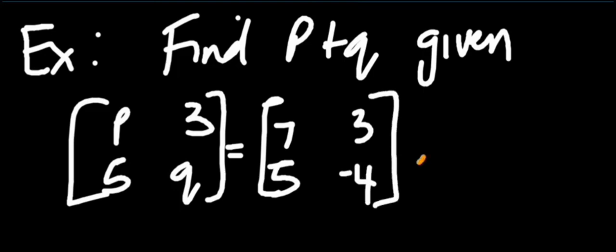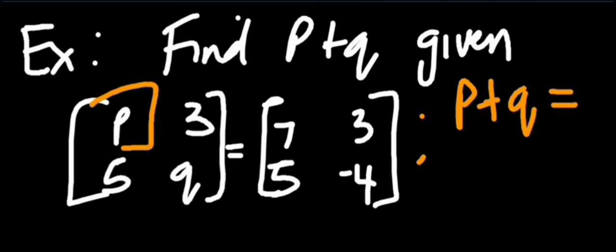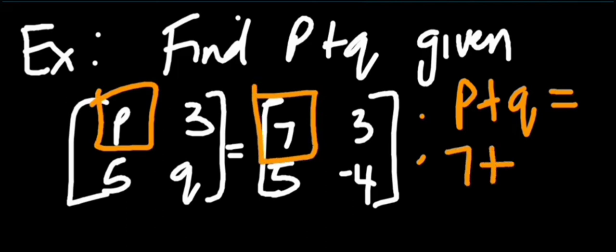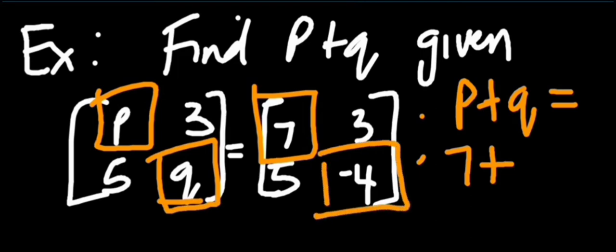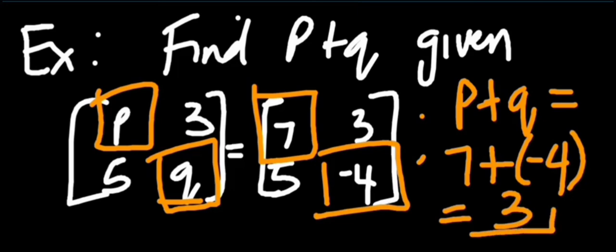We have P plus Q is equal to what? What is my P? This is my P. So it must be corresponding to that. So we have 7 plus, what is my Q? This is my Q. So I look for the element there, and it's exactly this point, minus 4. So 7 plus minus 4 is 7 minus 4, and that is 3. And we are true.